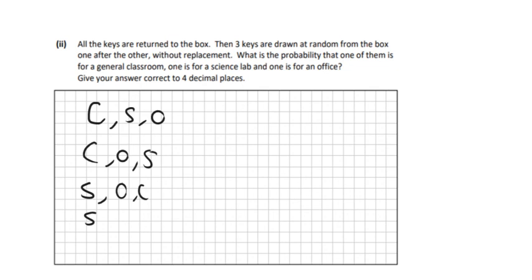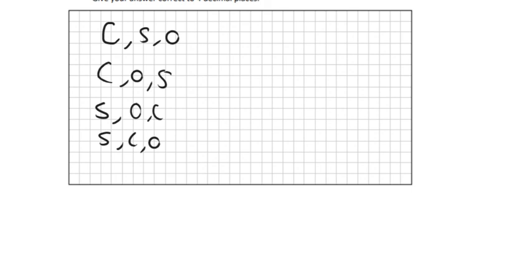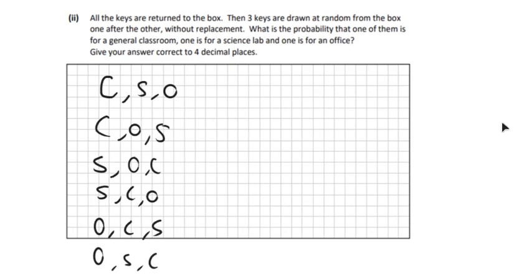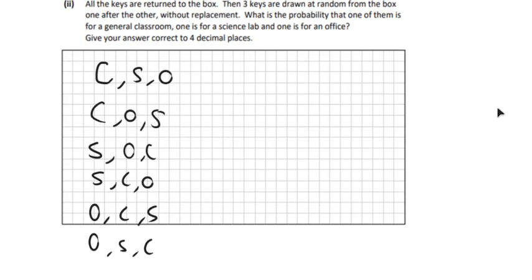Or a science lab, a classroom, and an office. And then there's 2 more if the office is first: an office, a classroom, and a science lab, or an office, a science lab, and a classroom. So there's 6 possibilities there that you could get what you want. So we're going to take the probability of all of them and add them all together.